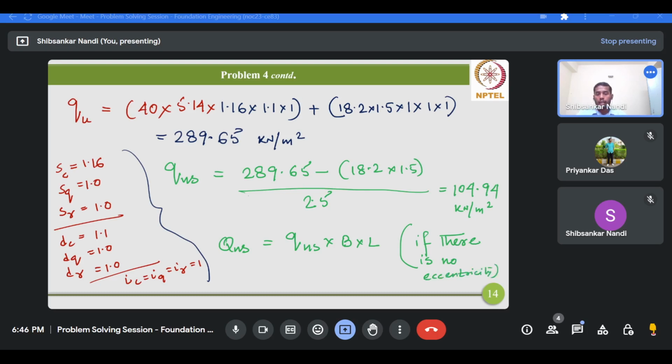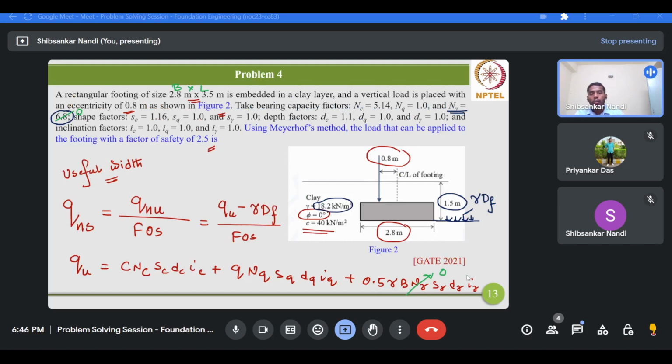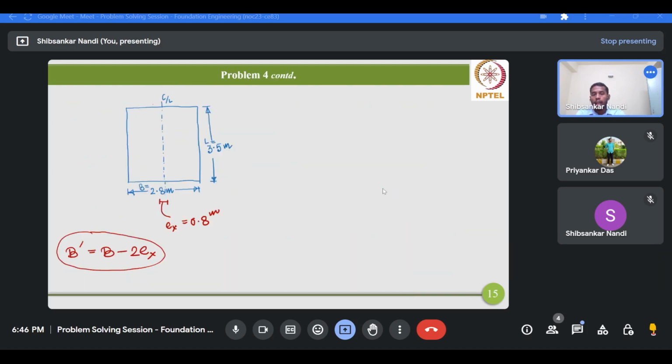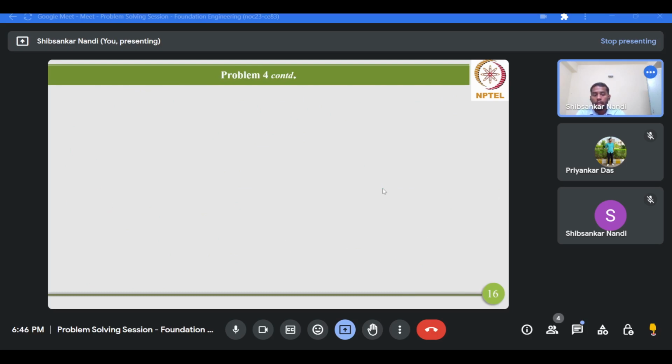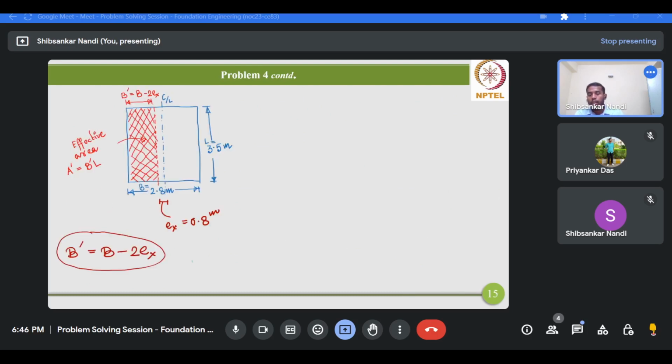However, this is not the case for this problem because an eccentricity along the width direction is observed and the eccentricity value is 0.8. So accordingly, you have to modify the original area, and we have already done that. The original area was B times L. Now the effective area becomes, after modification, B prime times L. So B prime is the modified width.